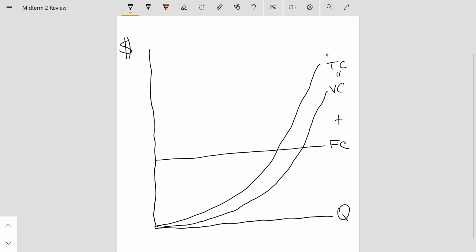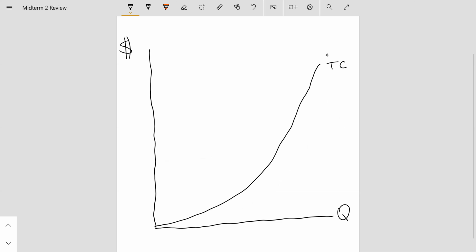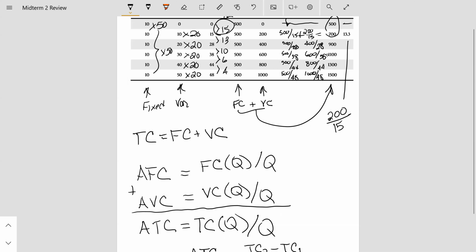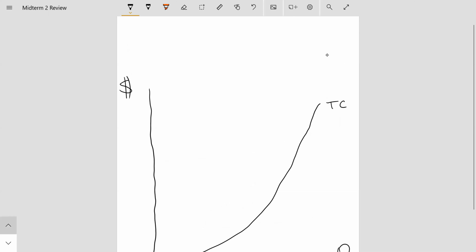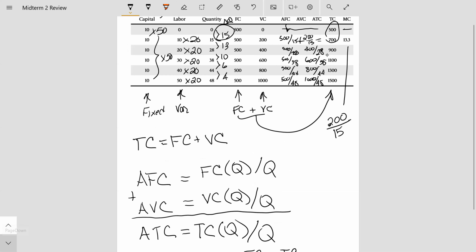Okay. Then there's that little snippet. Notice that you get a similar thing happening with average total cost and average variable cost.